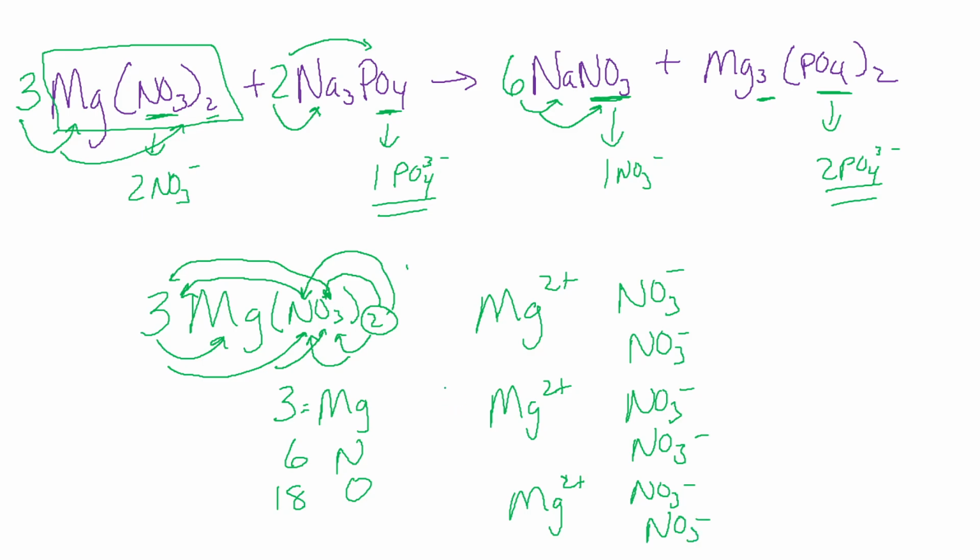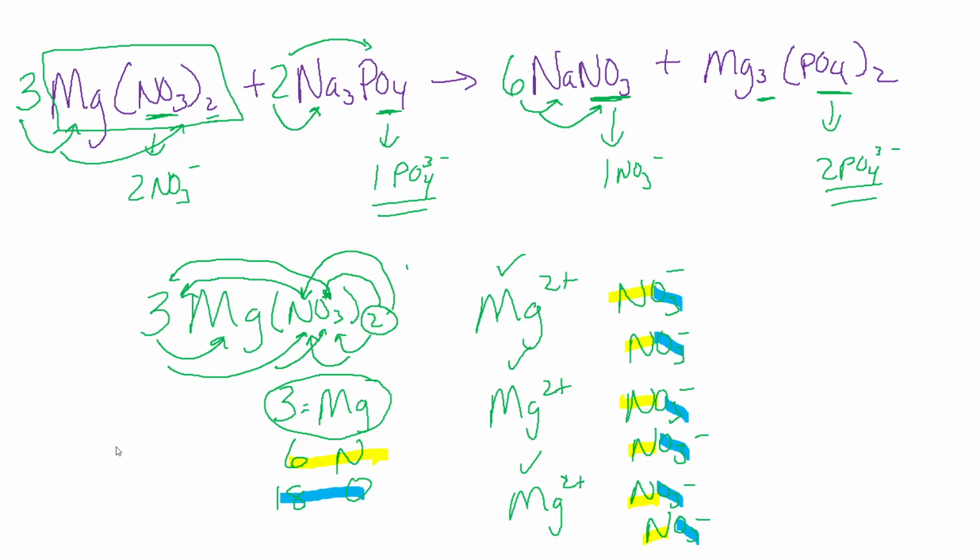And that's why we have to distribute in from the parentheses and also to the coefficient, because as you can see here, this is where we get our 1, 2, 3 for our magnesium. This is where we get for our nitrogen 1, 2, 3, 4, 5, and 6. And this is where we get for our oxygen 3, 6, 9, that's a lot of counting, 12, 15, and 18 for our oxygen.